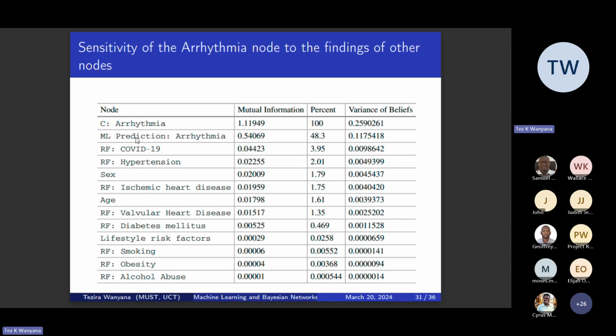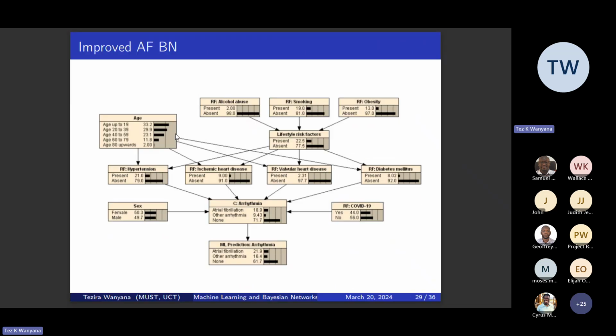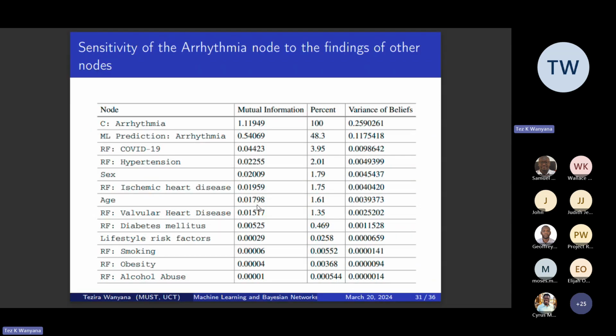Of course, the machine learning prediction node, this one, gives us the most information about the presence or absence of arrhythmia, followed by the rest of the nodes, and this one gives us the least information. So you can't say that because someone is drinking alcohol, they have arrhythmia, because there is very little information that adds. But if you put it together with other risk factors, then the arrhythmia probability actually increases.